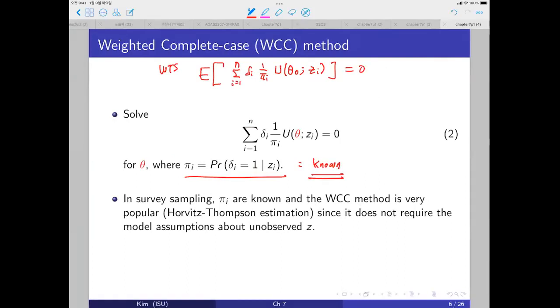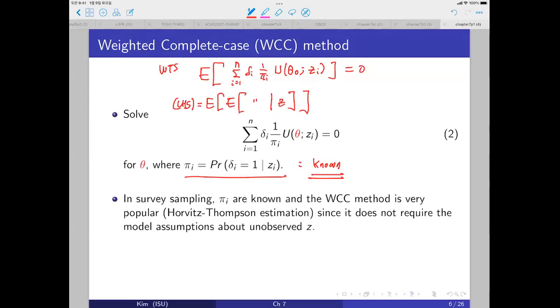The left side is an expectation where the random variables are x and pi. Pi is also random because it's a function of z. So delta, pi, z are all random. There's too much, so we want to do it one by one.